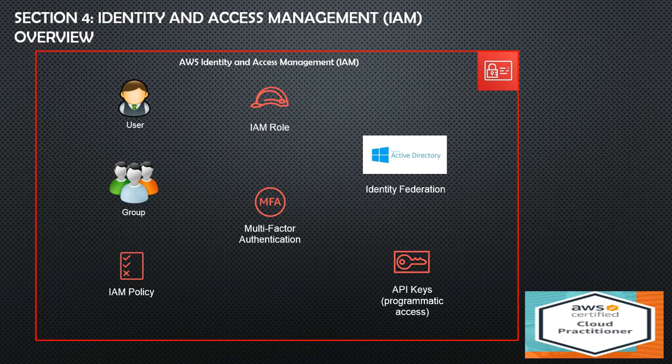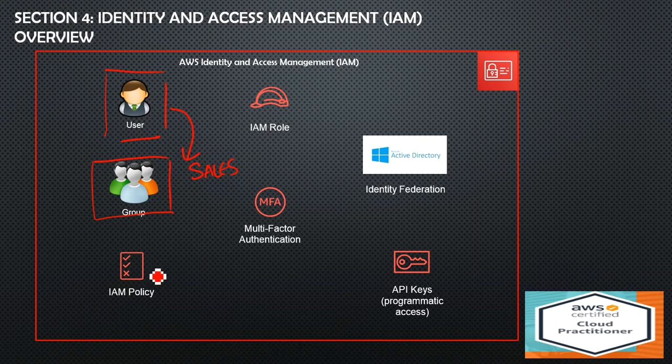The first slide is the overview of IAM. We have what we call users. A user can be a person, or an entity. Then you have groups. Groups are nothing but multiple users. This can be a group of sales, and this user is part of this group.